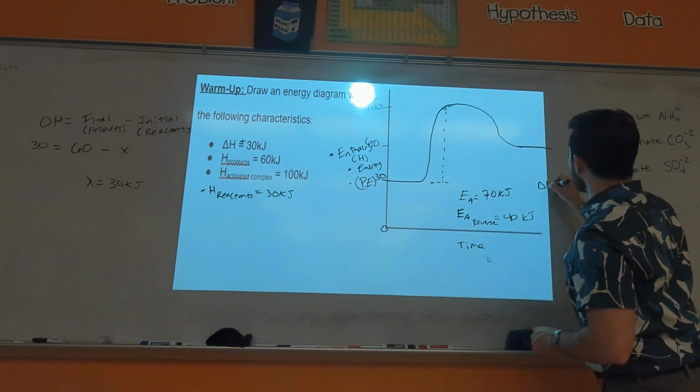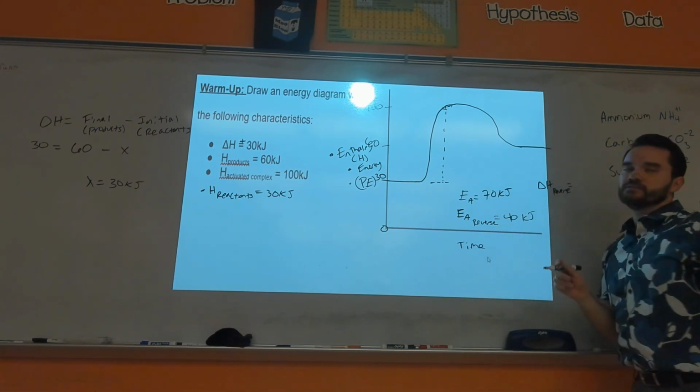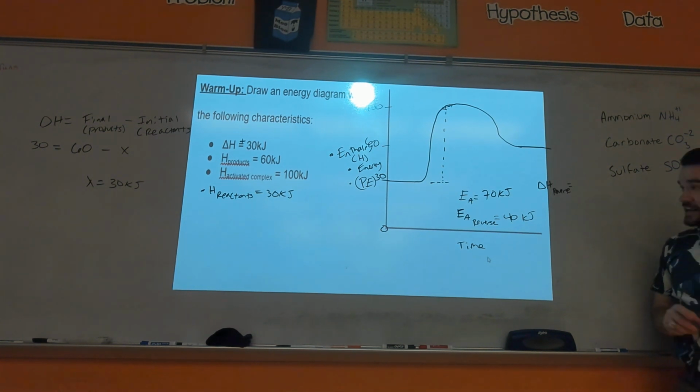What would be the delta H of the reverse reaction? Last one on this. If I'm going in the reverse, starting here and going to what were my old reactants, what would be my delta H now? Negative 30, good.